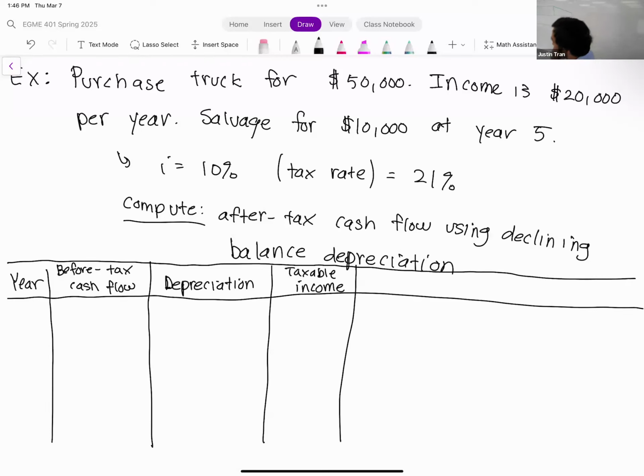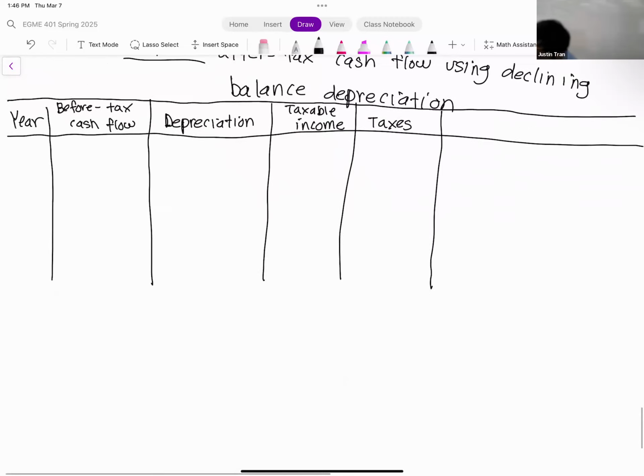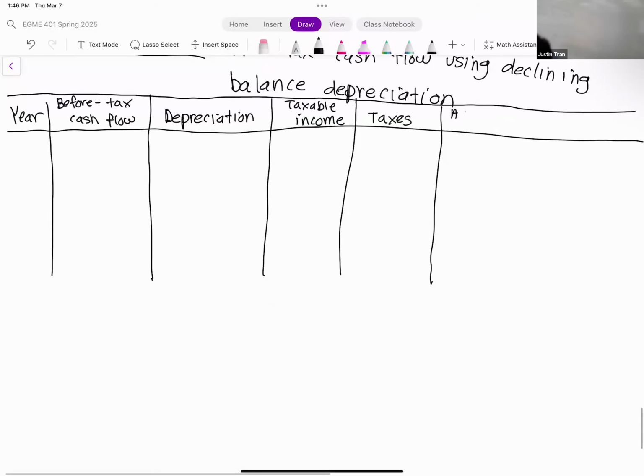We have another column for taxes. We have our after-tax cash flow. And then a new column that we're adding is book value.